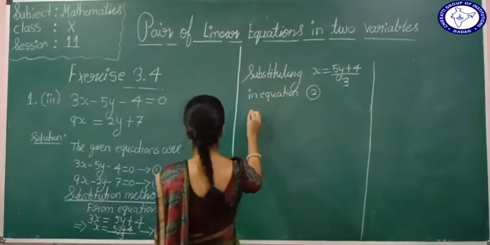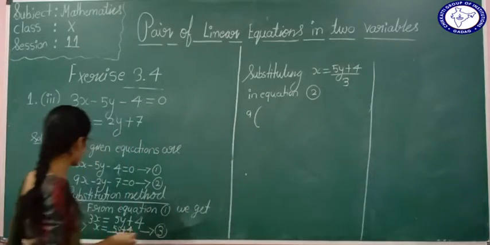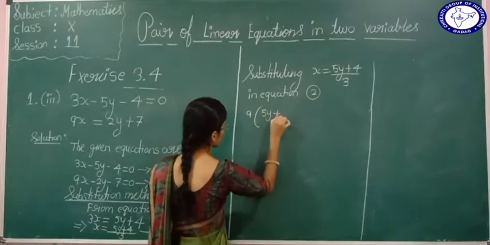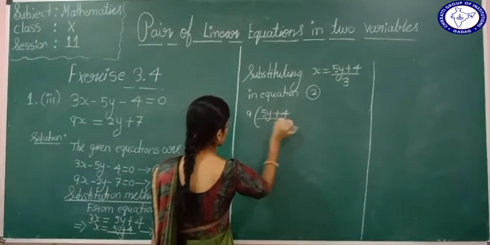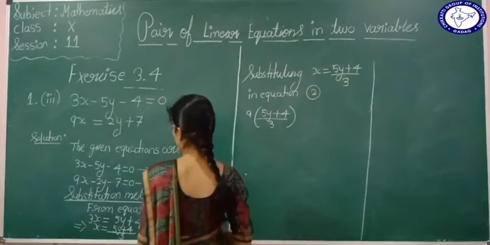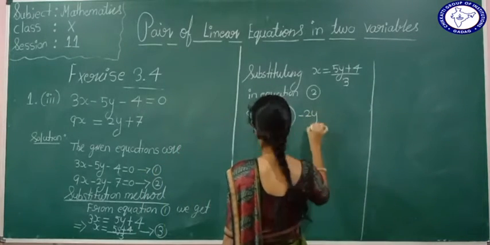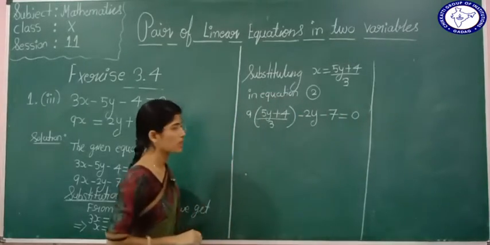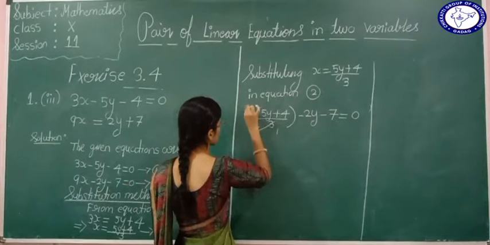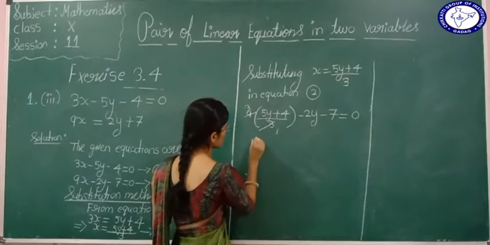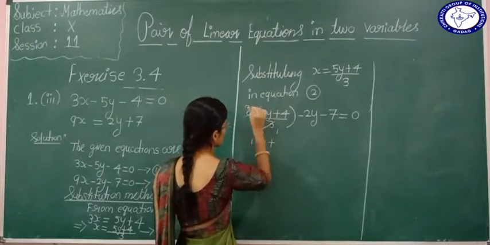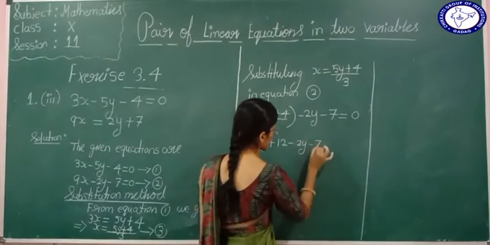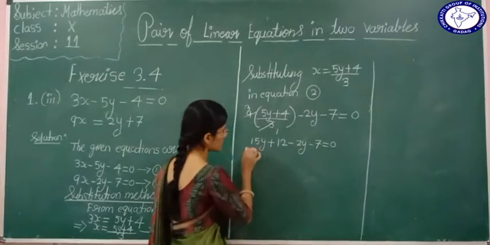What is that? 9 into what is x here? 5y plus 4 divided by 3, minus 2y minus 7 is equal to 0. Now see here, 3 ones are 3, 3 threes are 9, 3 fives are 15y, plus 3 fours are 12, minus 2y minus 7 is equal to 0. So simplify this here.